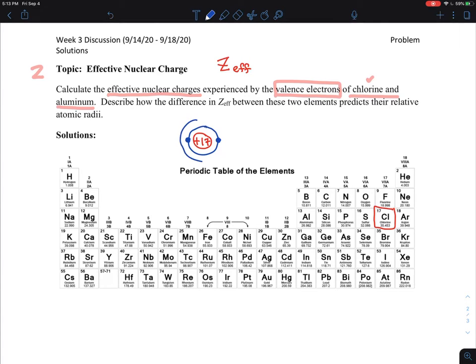The second shell has 1, 2, 3, 4, 5, 6, 7, 8, so those are the 8 electrons.